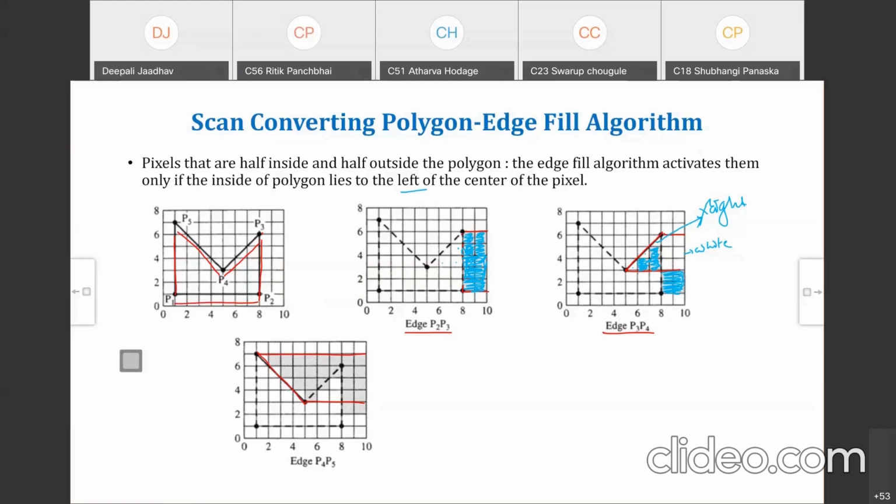Now what happens with these pixels? These are white here, now again it becomes blue. Then these all are white, which becomes blue, polygon color. Then these all are white, this becomes blue.